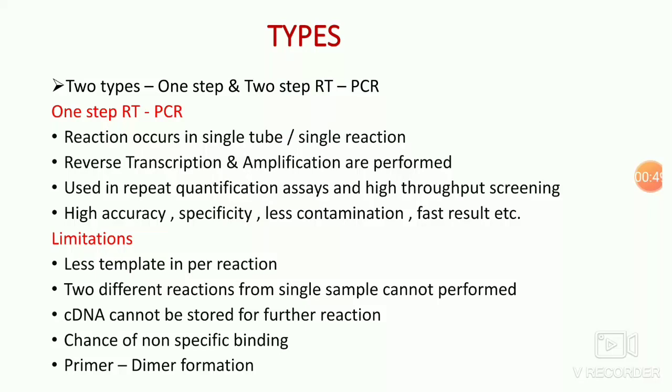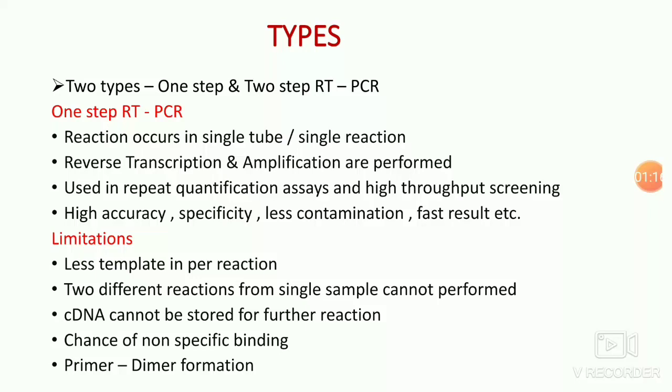Limitations: as many chemicals and reagents are used in a single reaction, sometimes the reaction conditions are compromised. So, this will detect very less template per reaction. Also, two different reactions from a single sample cannot be performed because cDNA synthesis and amplification occur in a single reaction.